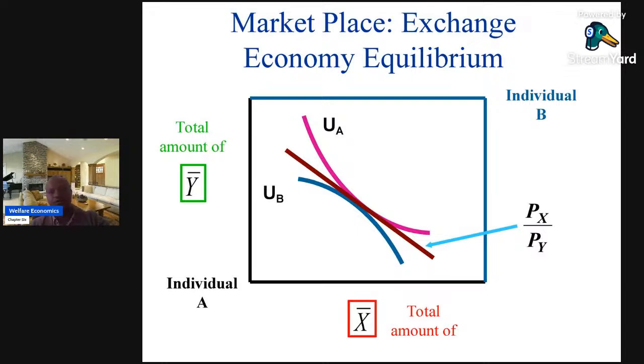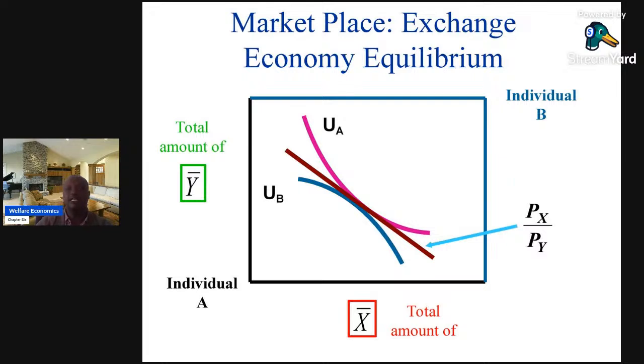Between the two of them there is a tangent at this point. At that point we have three slopes. The marginal rate of substitution X for Y for consumer A is equal to the marginal rate of substitution X for Y for consumer B, which is equal to the slope of the budget line.